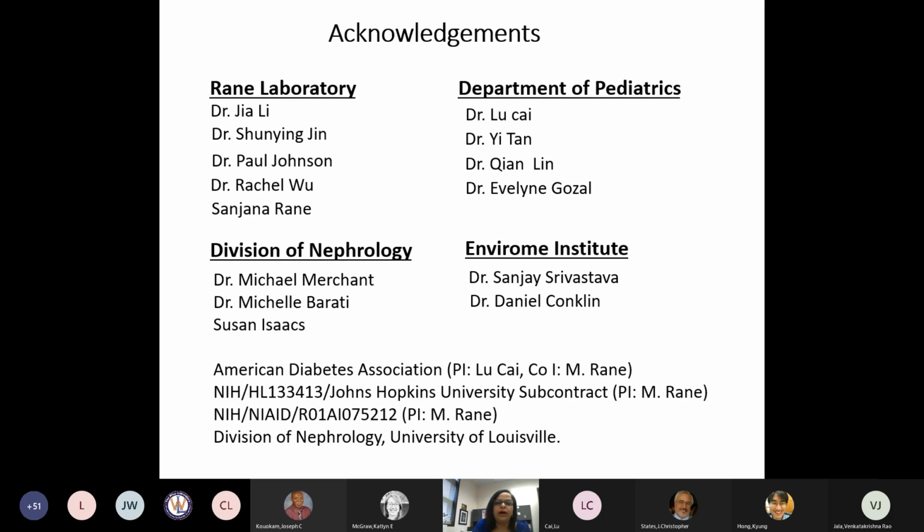We also are waiting on RNA-seq analysis data on these samples that were made possible due to a medium voucher grant that was supported by the P30 NIEHS grant awarded to Dr. States. Before I finish, I would like to acknowledge people in the laboratory, Shunyin Jin and Jia Li, who did most of the work. Some of the work was also done by Rachel Wu.